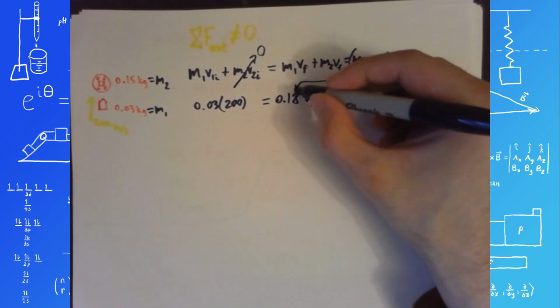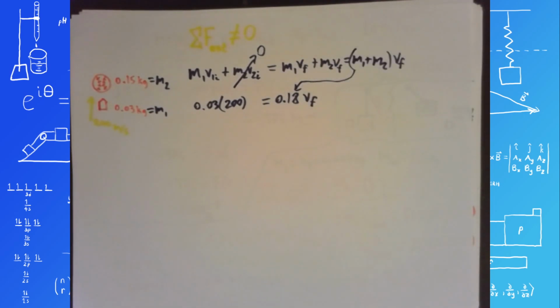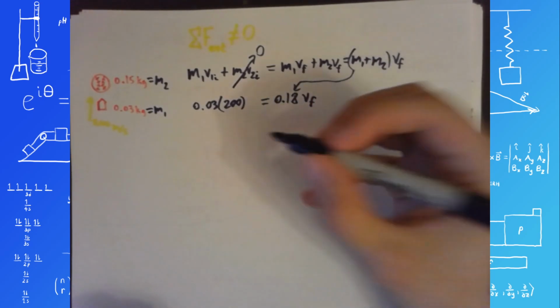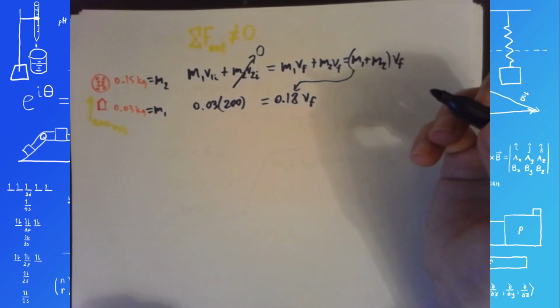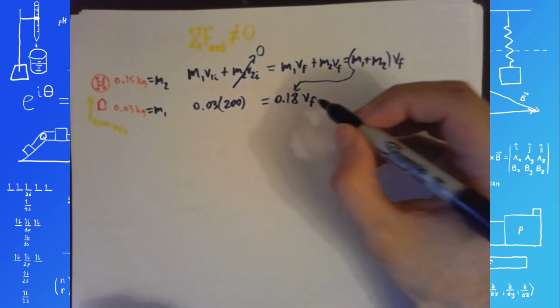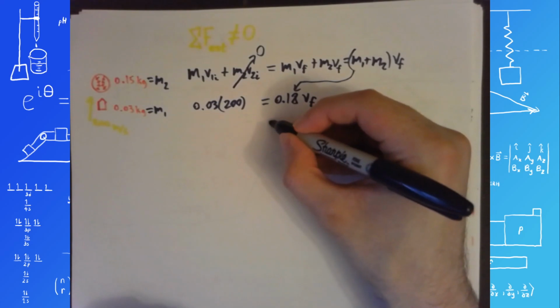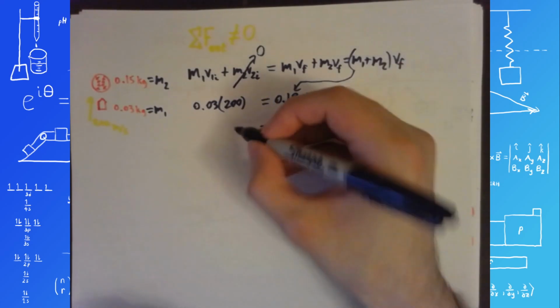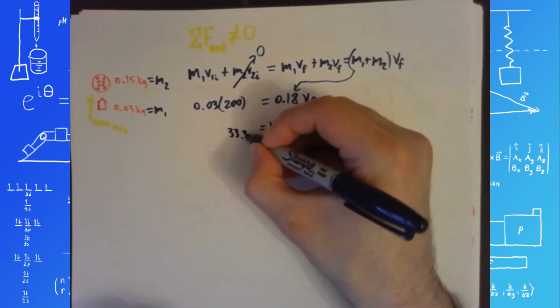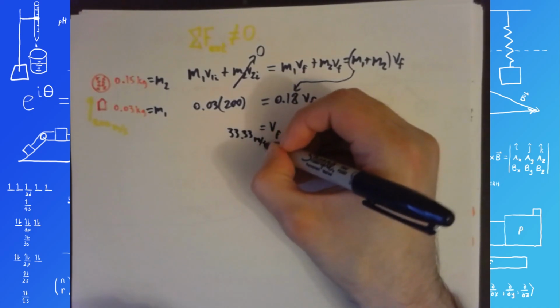That's where the 0.18 is coming from. It's just M1 plus M2. Anyway, if I divide by 0.18, 0.03 times 200 divided by 0.18, I'm getting 33.33. So V final, actually I should probably call it V bottom, equals 33.33 meters per second.